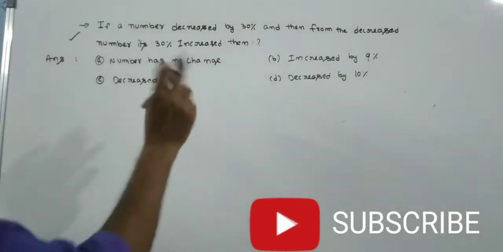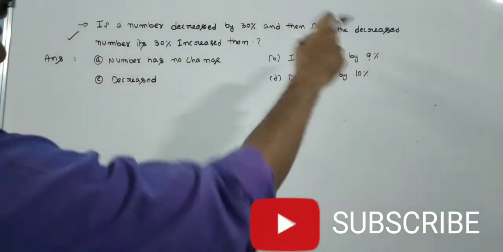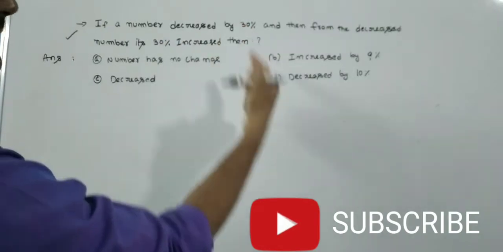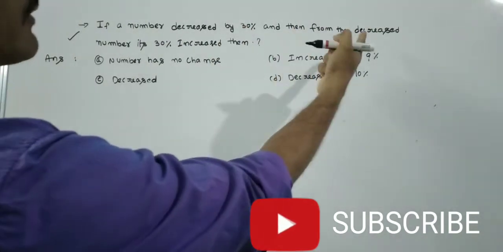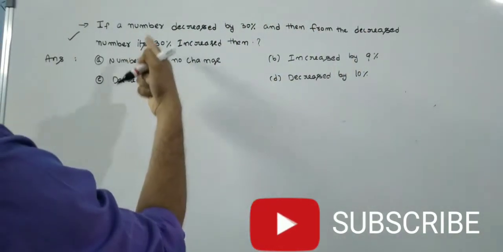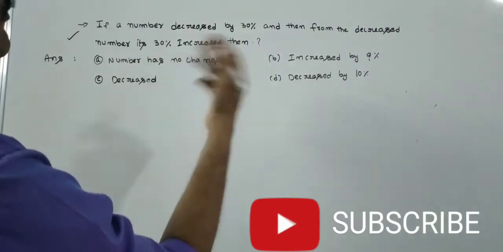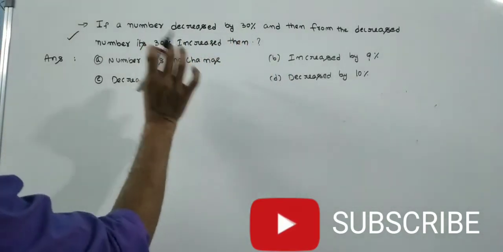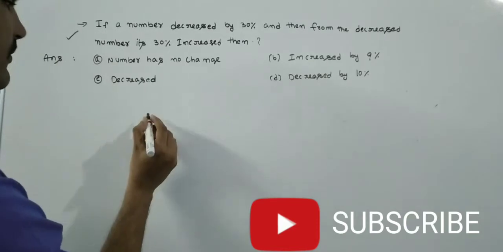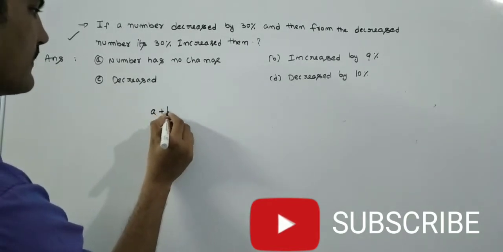See friends, if the same problem is asked like this: if a number is decreased by 30% and then from the decreased number it's increased by 30%, then what change will come? See friends, same only. If you go through the formula, the same will come.